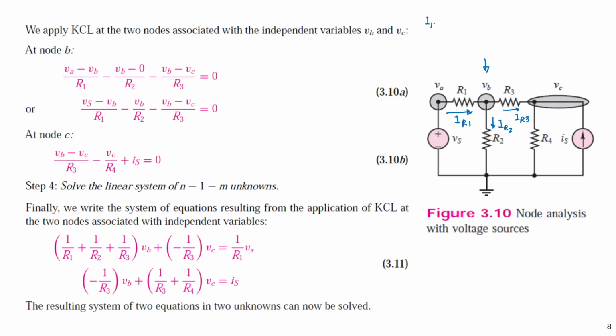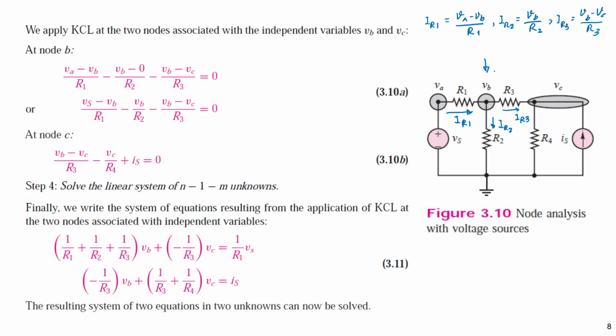IR1 is VA minus VB divided by R1, and IR2 is VB divided by R2, and IR3 is VB minus VC divided by R3.